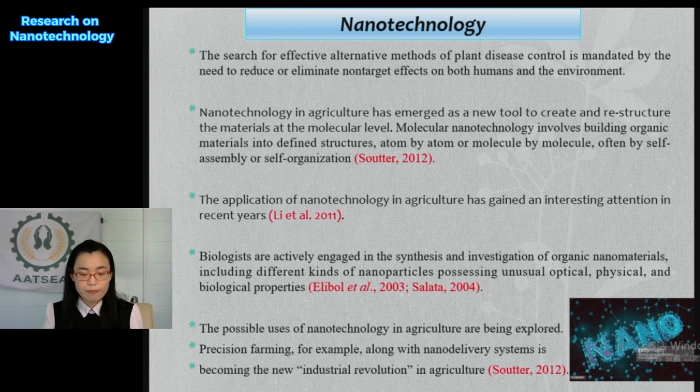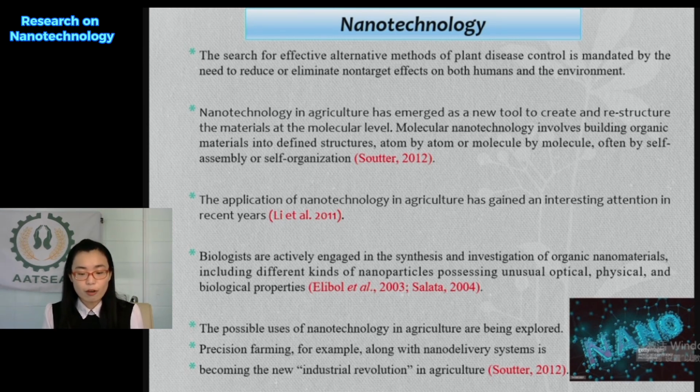Biologists are actively engaged in the synthesis and investigation of organic nanomaterials, including different kinds of nanoparticles possessing unusual optical, physical, and biological properties. The possible uses of nanotechnology in agriculture are being explored.